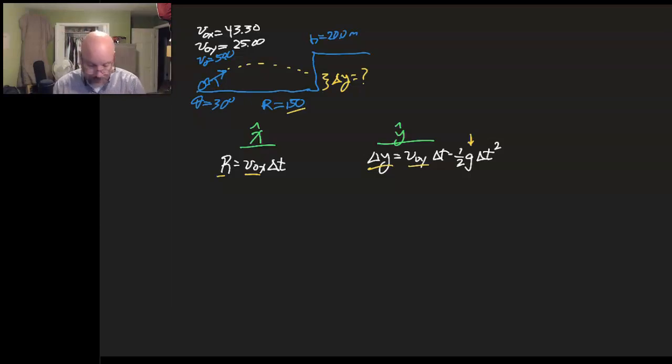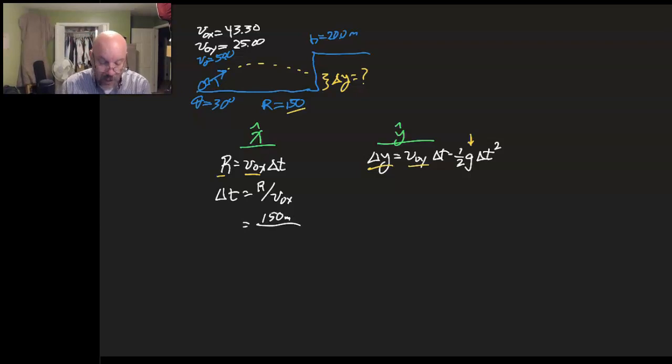So I can say my delta t is r over v naught x. So that's going to give me 150 meters per second. Just kidding, not 150 meters per second.